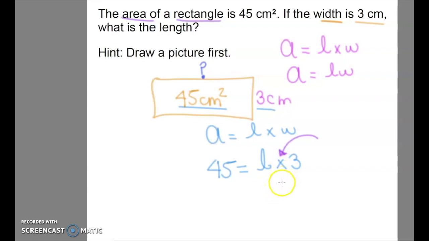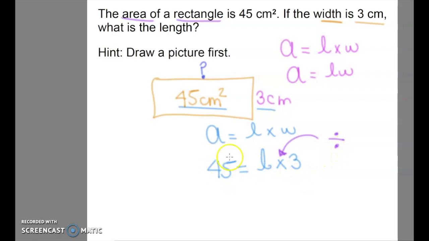What operation is that? I can hear you very well, if you say multiplication. That is correct. Now ask yourself, what is the opposite of multiplication? And if you say division, you are exactly correct. So it's asking you to set up a division problem.